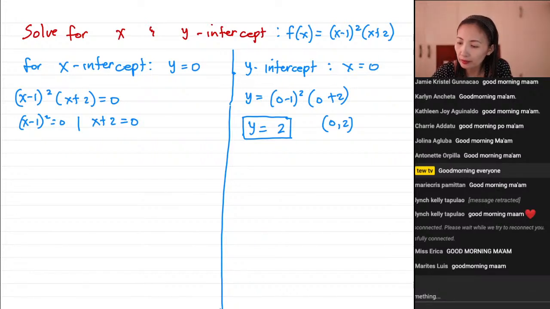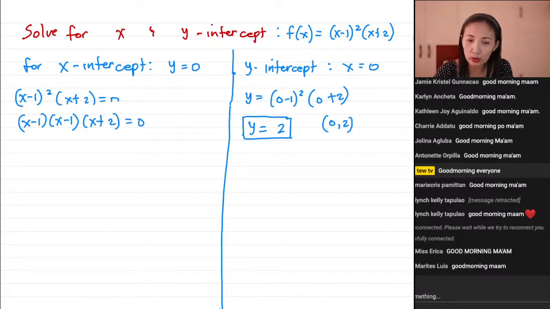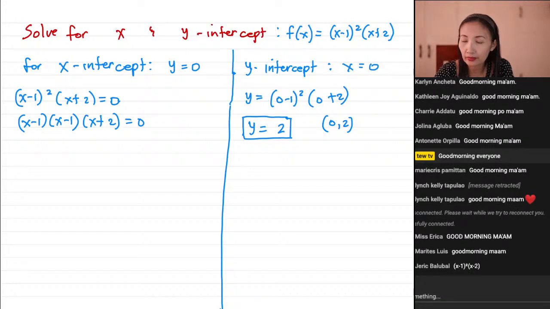In fact, you can express this in factored form as (x minus 1) times (x minus 1) times (x plus 2) is equal to 0. But the first two factors will give the same x value. So, x minus 1 equal to 0 and the other will be x plus 2 equal to 0.